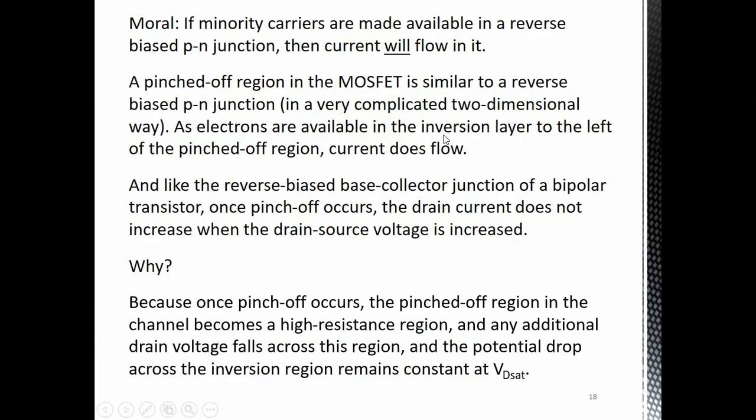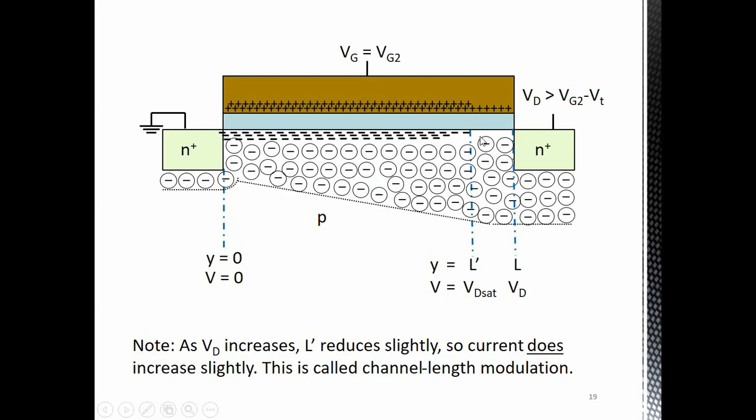Okay, the other thing I was saying here was that once pinch off occurs, the drain current does not increase when the drain source voltage is increased. So once this has occurred, if I keep increasing the drain voltage, the current does not increase, it remains constant. One says that the drain current is saturated, it has become a constant.